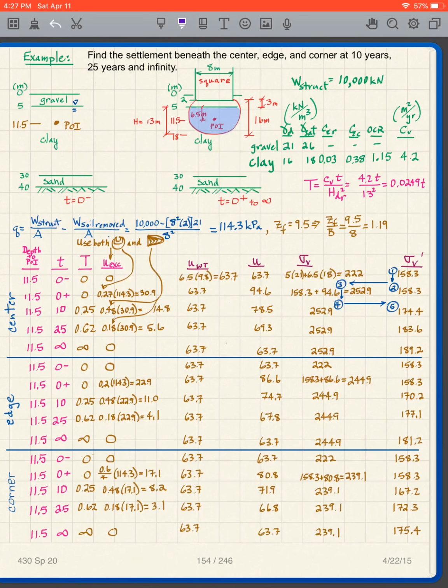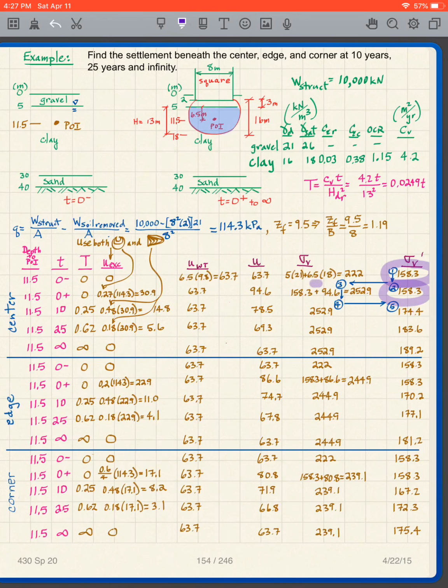Then I get my sigma V prime. The easiest way to do this, without thinking too much about it, is to get my sigma V prime, then fill in the next sigma V prime because it's the same.